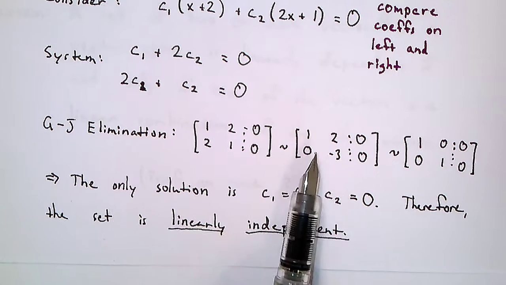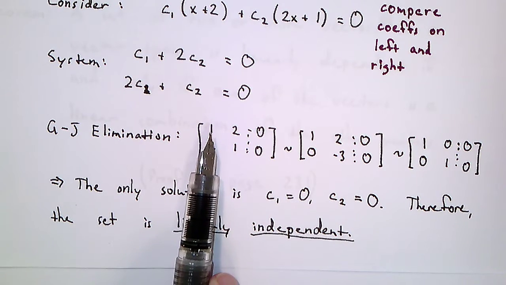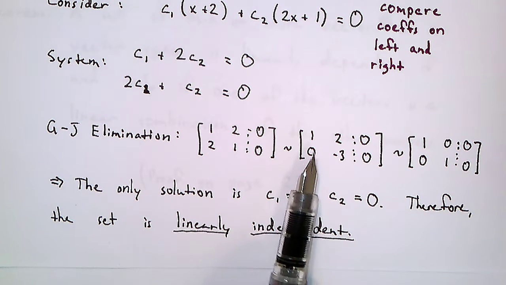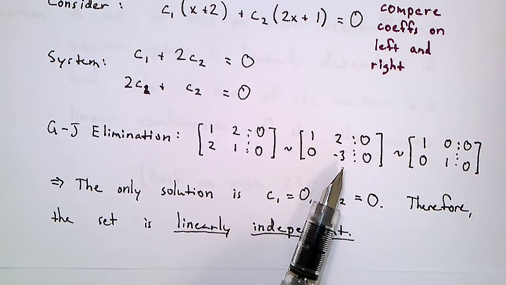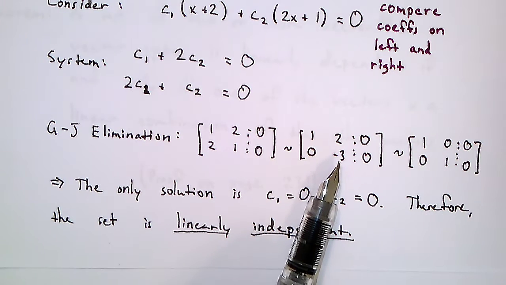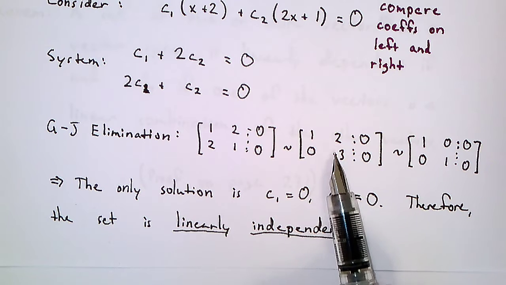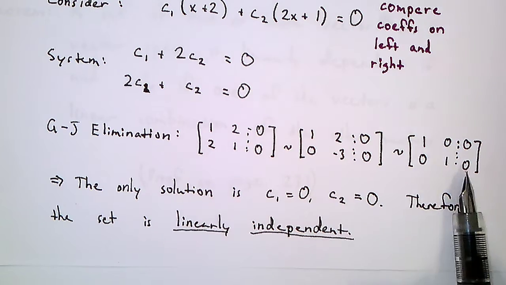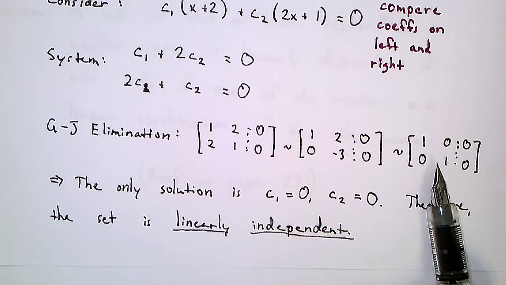So what have I done here? I've multiplied row 1 by 2, and I've subtracted it from row 2 to eliminate this 0, and then I left off a couple steps, but what I did was I divided through by -3 to create a 1 in this position, and then I used that 1 to eliminate the 2 to create this matrix in reduced row echelon form.